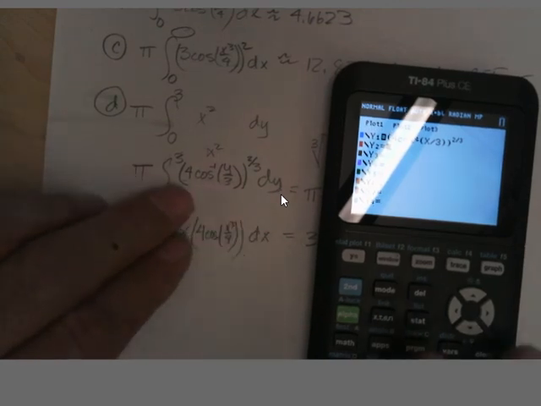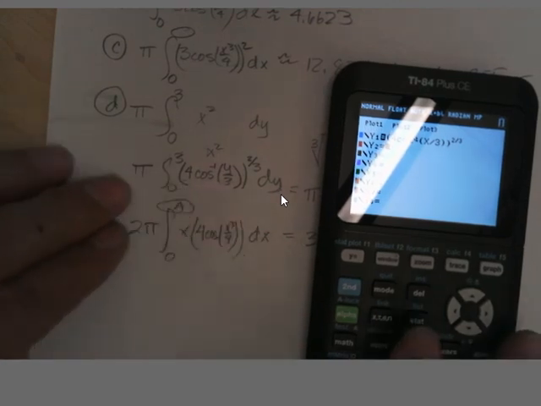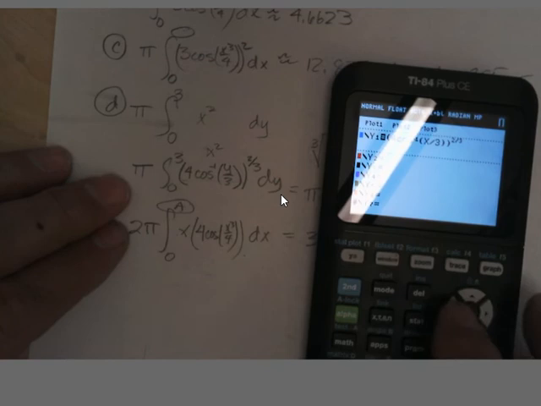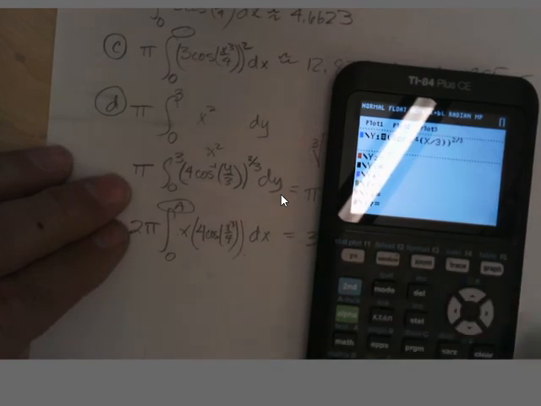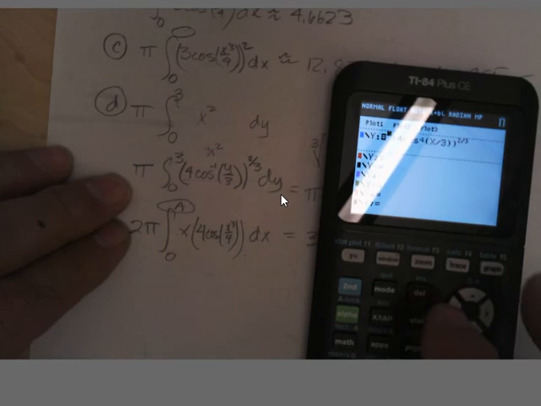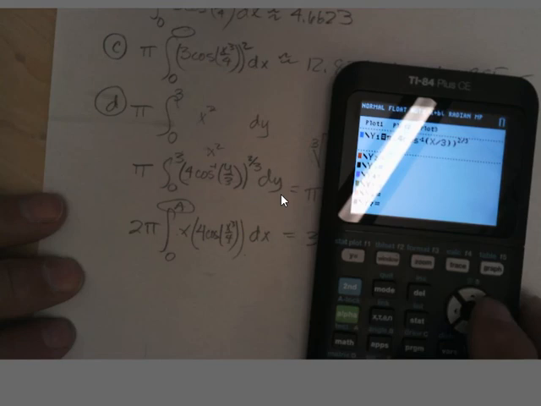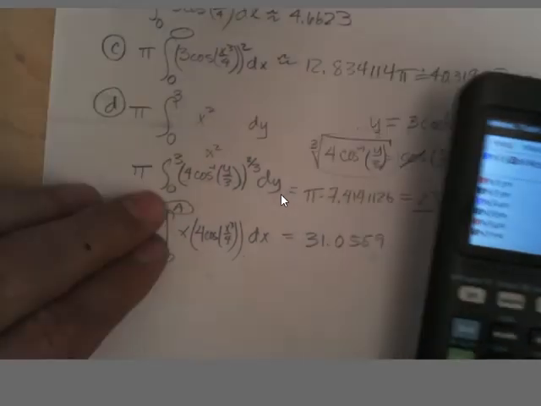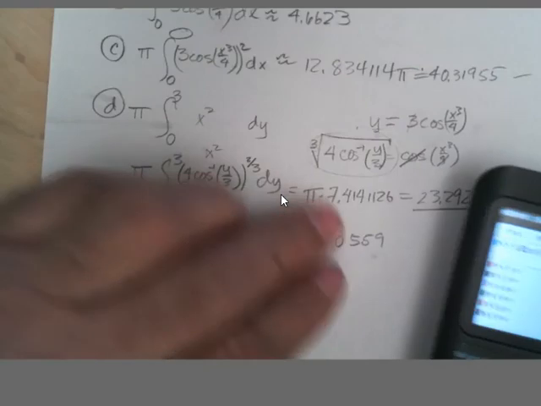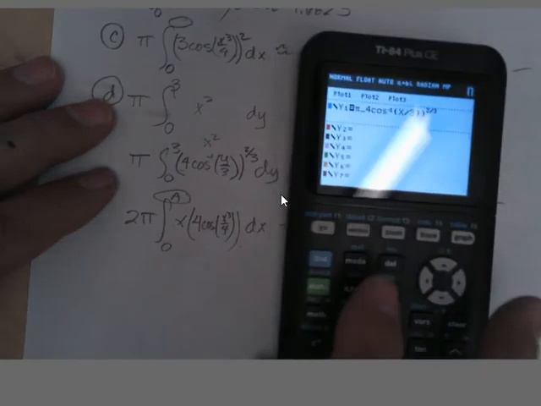That's all of it. And then I'll put the pi in there. Second, insert alpha pi. There we go. So now I've got the pi in it, so I should get the right answer here.